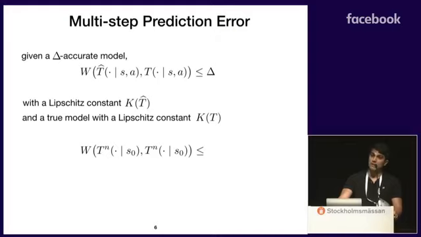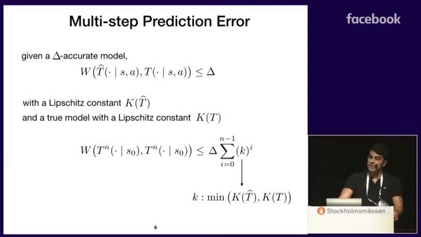That is to say, what is going to be the error if we predict using the model for n steps compared to the actual real world? Turns out the error is going to be a function of one-step errors, but also the Lipschitz constant of your transition model. So this k is the minimum Lipschitz constant of the two, meaning the real model and the learned model. So you see a huge dependence on the Lipschitz constant.